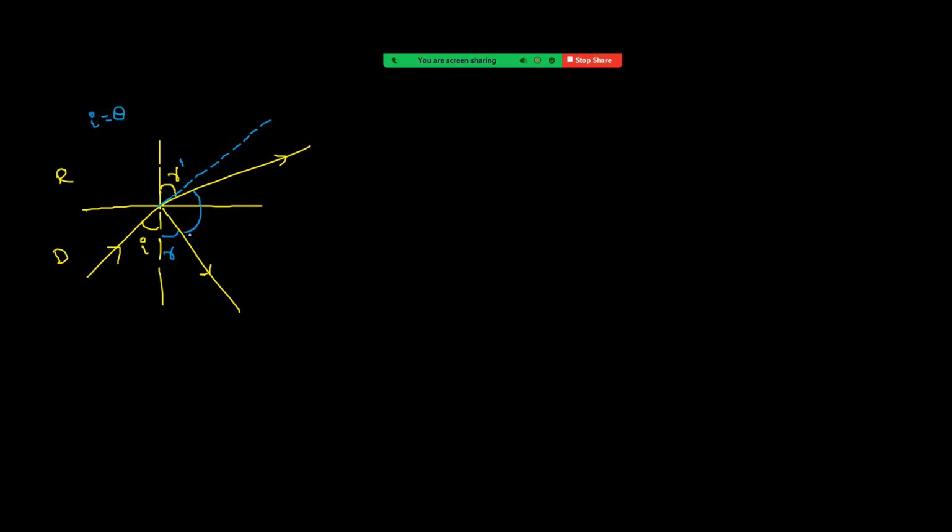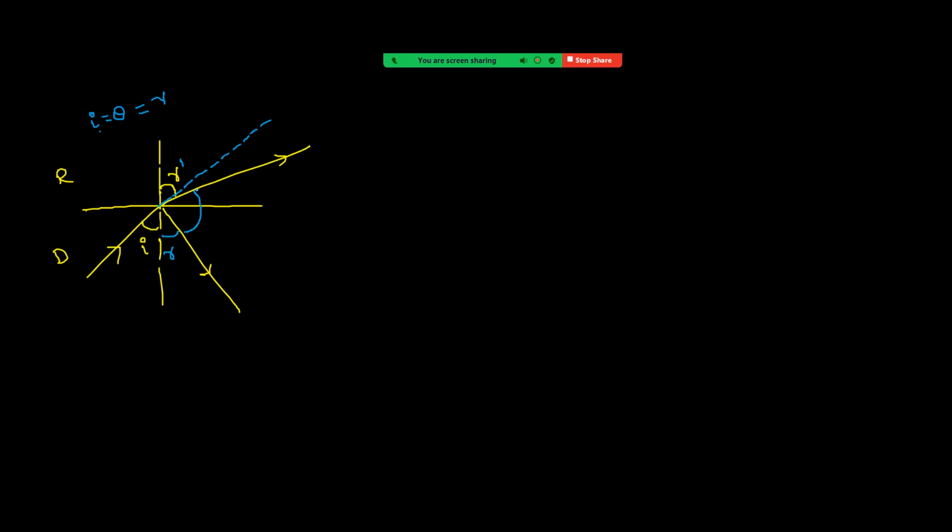That means R equal to theta, because angle of incidence and angle of reflection are both the same. If you observe, this total angle is now 180. But if you take between refracted and incident, this total angle is now less than 180.